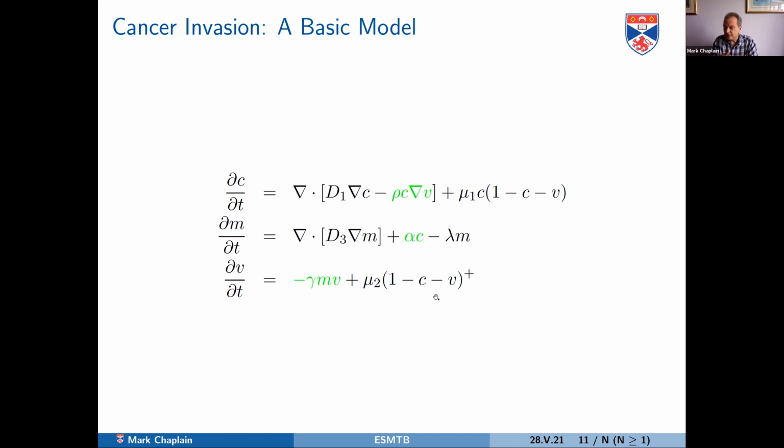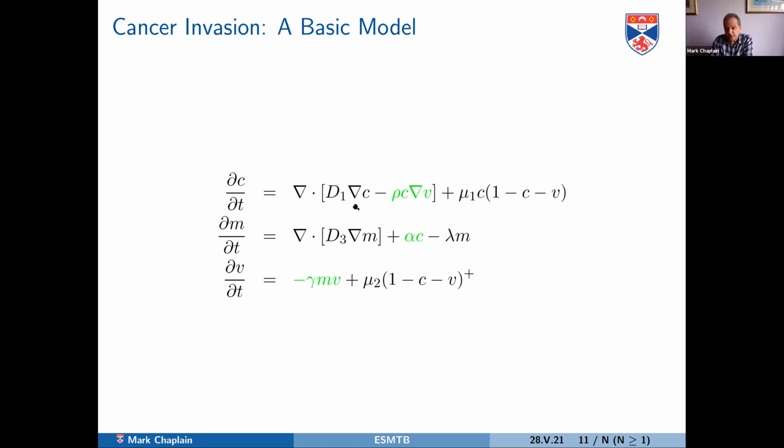You can put in a term which models remodeling, so the matrix likes to try and get back to a healthy level if there's fibroblasts brought in to repair the matrix. You can do that in competition with space competition with the cancer cells. And then the cancer cells themselves, you can include proliferation. This term includes space competition with the matrix.